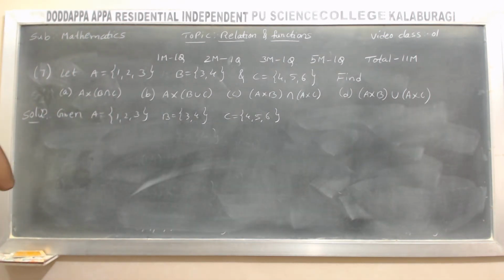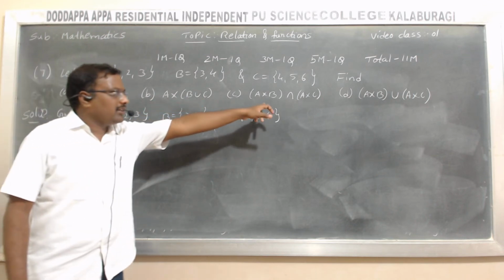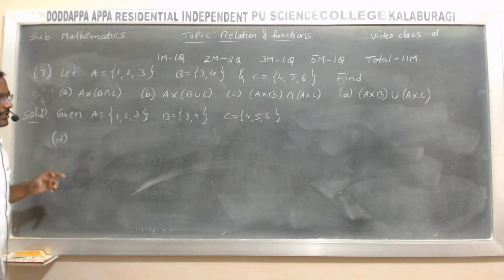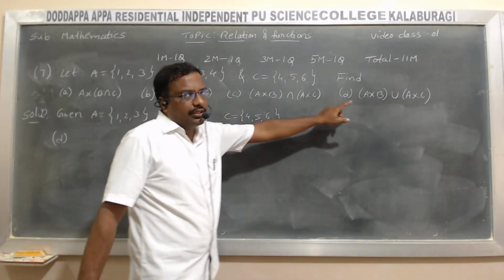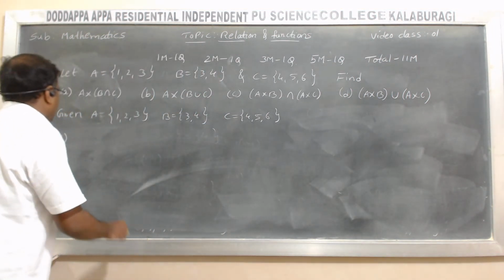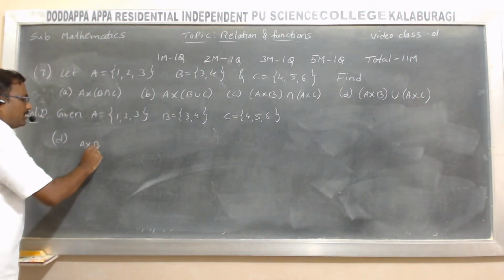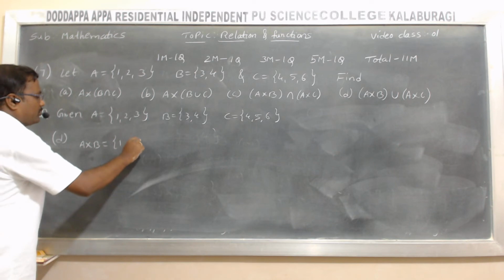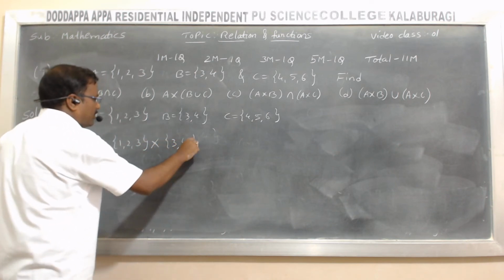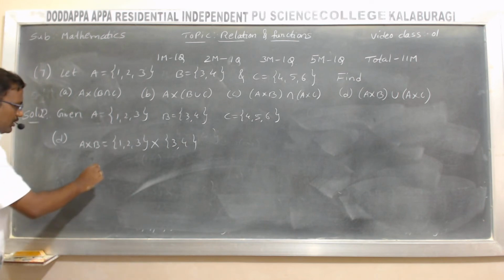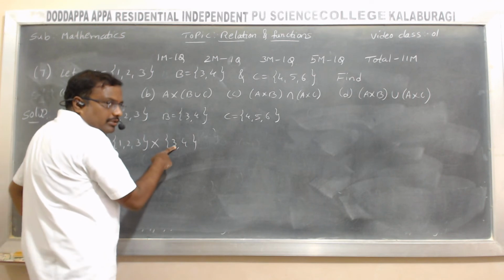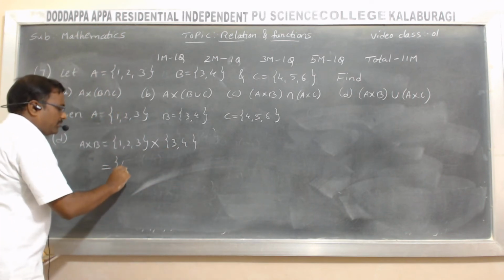Okay, so we solved the A, B, C problem. Next you have to find D. So as usual, first you have to find A cross B, next A cross C. So take A cross B first. What is given? The A set {1, 2, 3} cross the B set {3, 4}. By using the Cartesian product, the first element is related to the first element, so we get (1, 3).